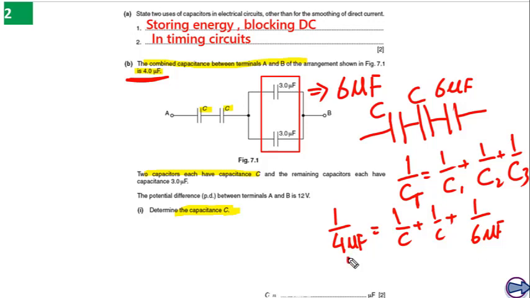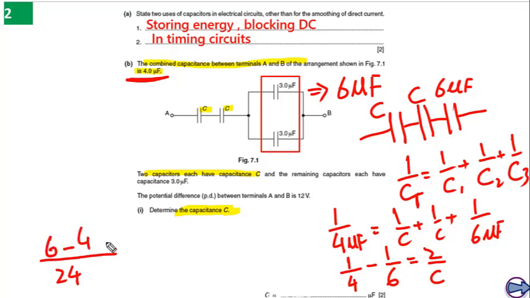One way to simplify this is we can say 1 over 4. I will not write down microfarad, and we can subtract 1 over 6, and this will be equal to, if we combine these two, 2 over C. Now we can take the LCM, which will be 24, and 6 minus 4 will be equal to 2 over C. So we get 2 by 24.